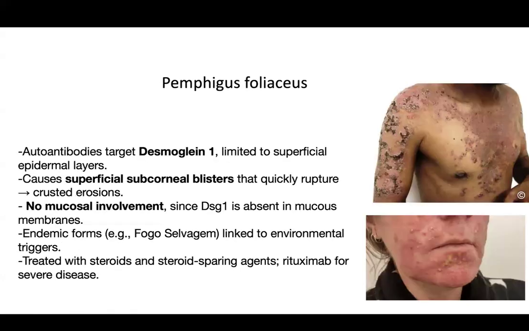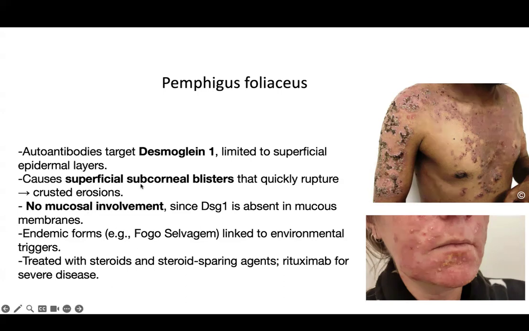Then we have a form of pemphigus that is more superficial, in the superficial layer of the epidermis. It has autoantibodies that target a special molecule in the upper epidermis, desmoglein 1.